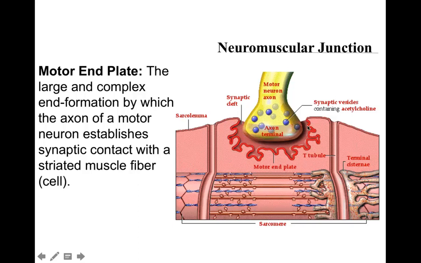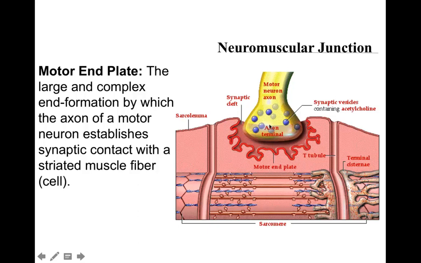This junction here is referred to as a motor end plate. It's pretty complex. This is where the axon of a motor neuron establishes contact with a muscle fiber.